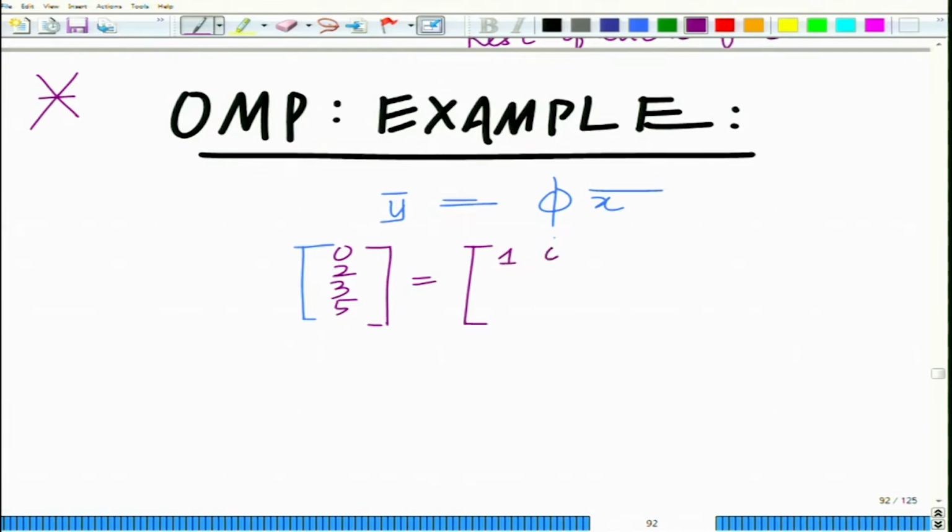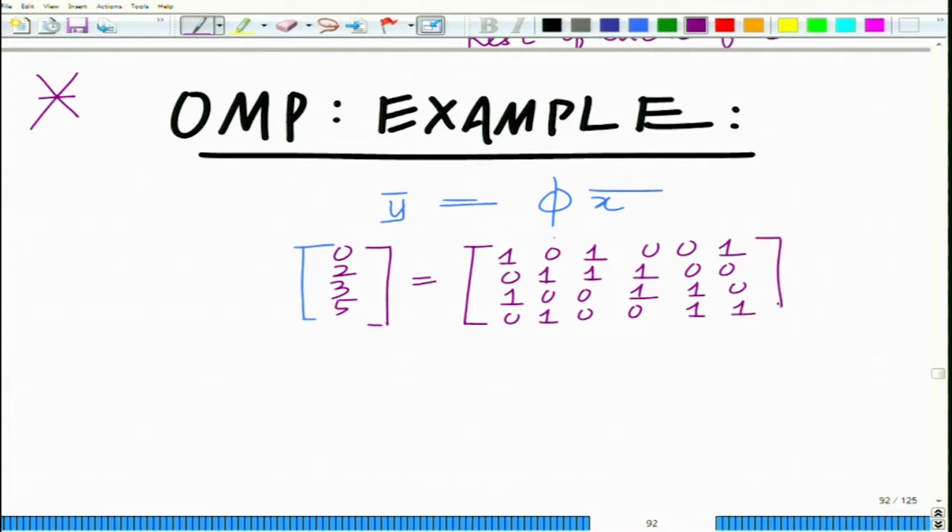The first row is 1, 0, 1, 0, 0, 1, the second row is 0, 1, 1, 0, 0, 1, the third row is 1, 0, 0, 1, 1, 0, and the fourth row is 0, 1, 0, 0, 1, 1, times the vector x bar, which is x1, x2, x3, x4, x5.